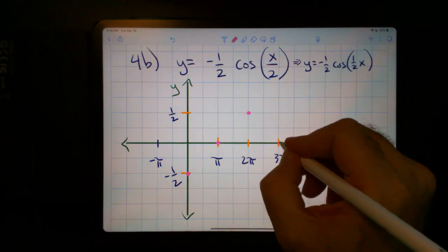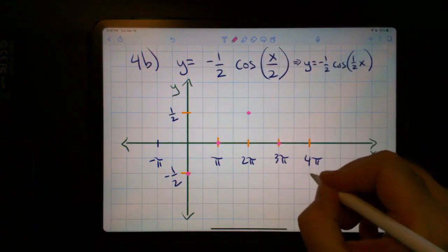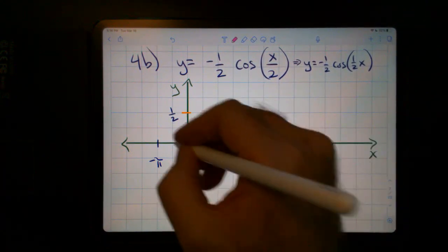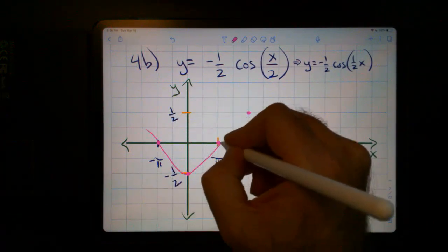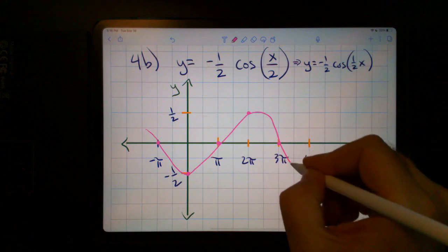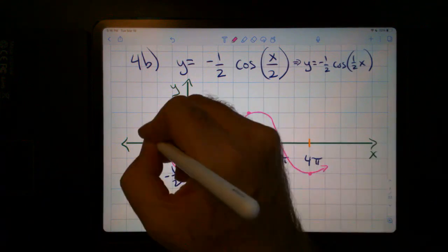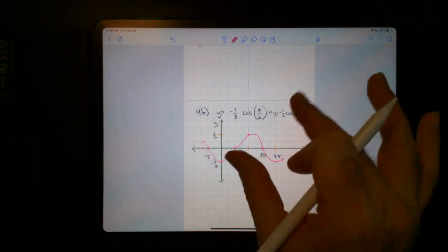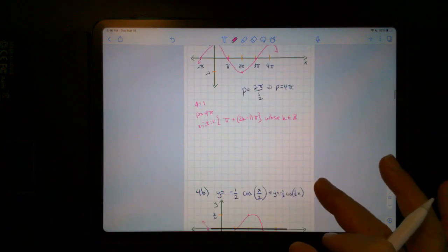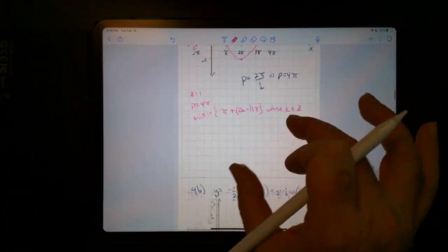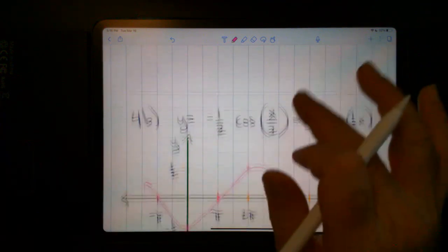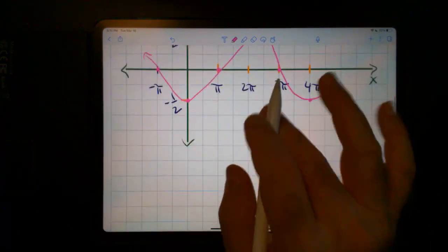Okay, this is the shape. Notice these x-intercepts are the same. That's because y is 0 at these intervals as well.